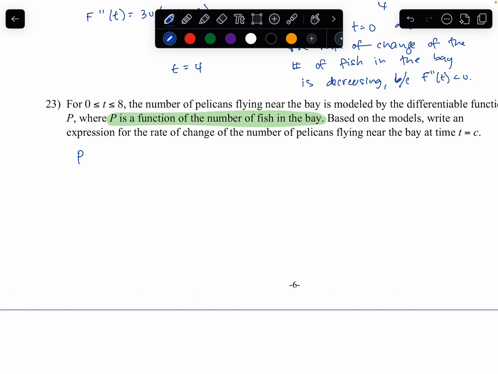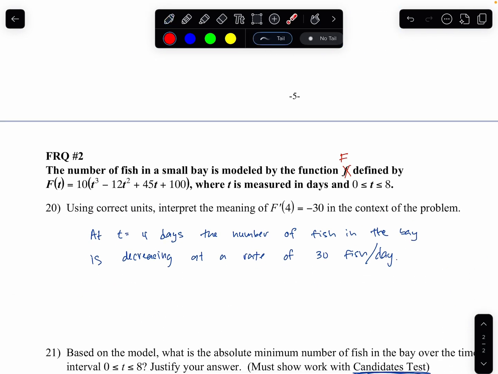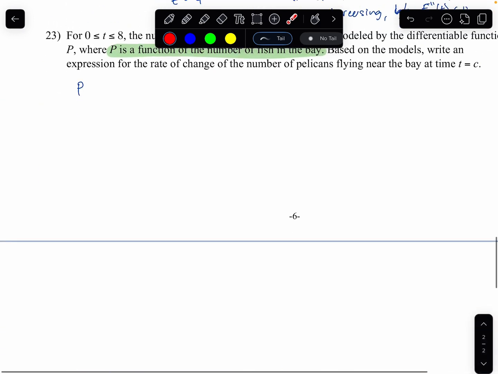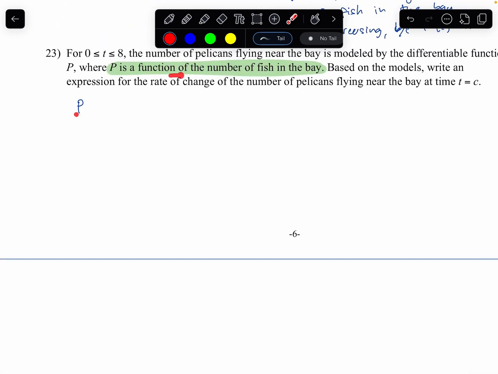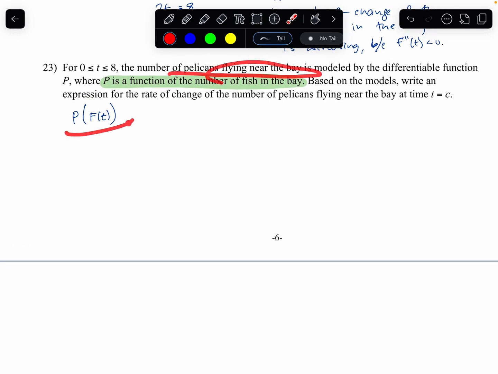Here, f is a function of time, f of t, the number of days. Well, p is a function of the number of fish. So p of f of t. This is the definition for the number of pelicans flying near the bay.